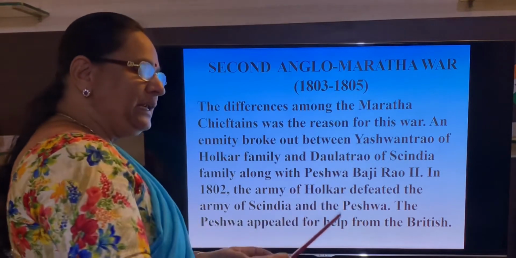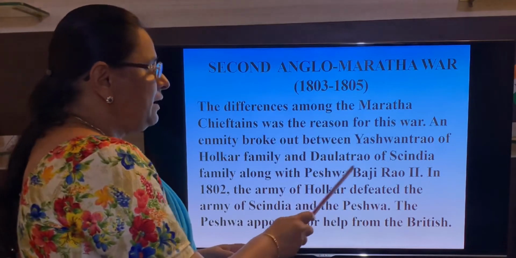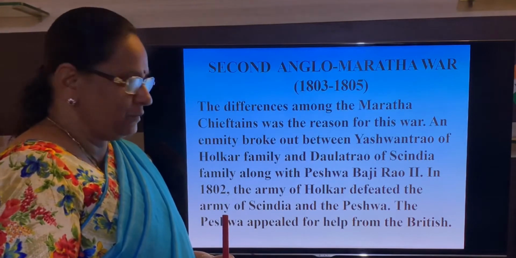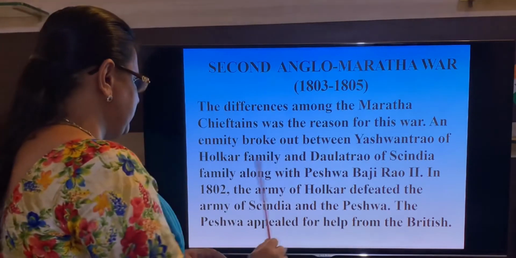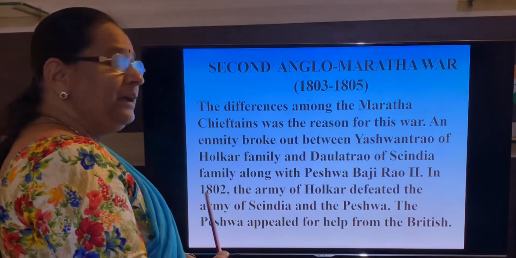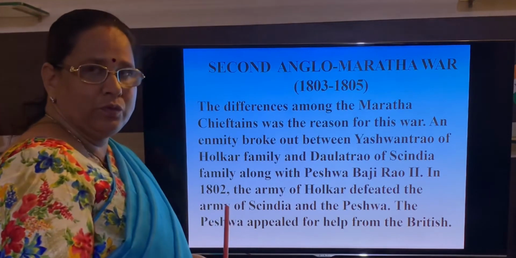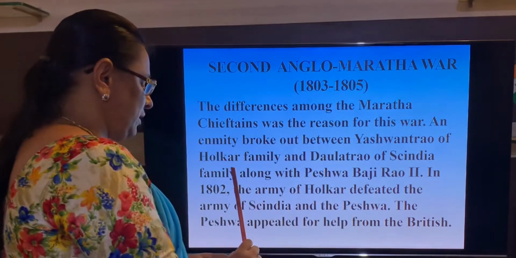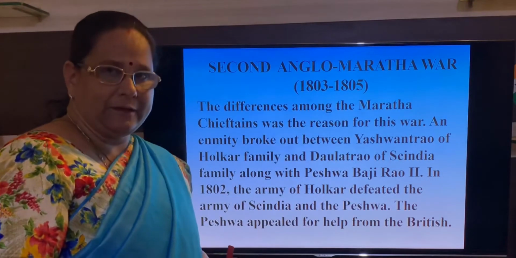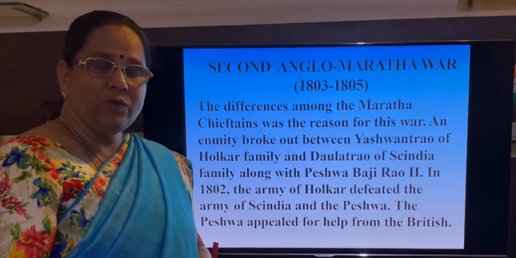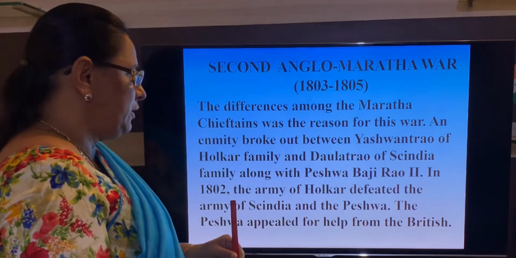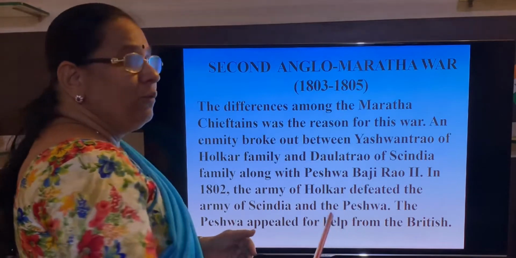He was accompanied by Peshwa Bajirao too. The war was declared in the year 1802. And finally, Yashwantrao of Holkar won the battle. Now you understood, children? Next we will learn about the war.